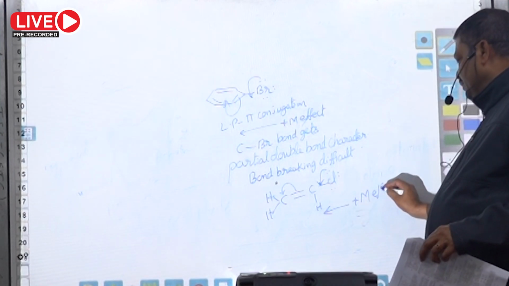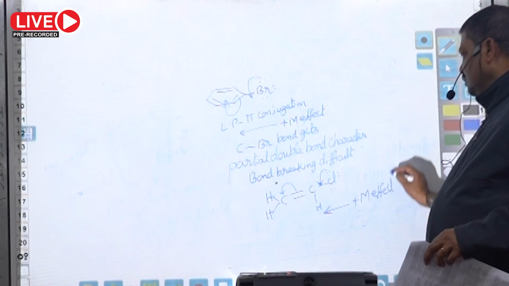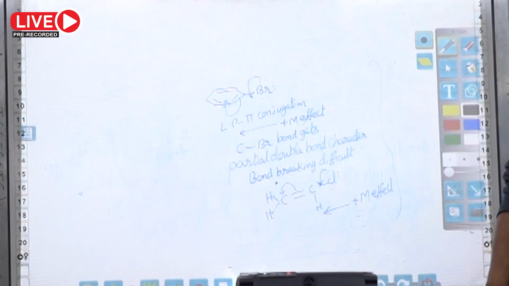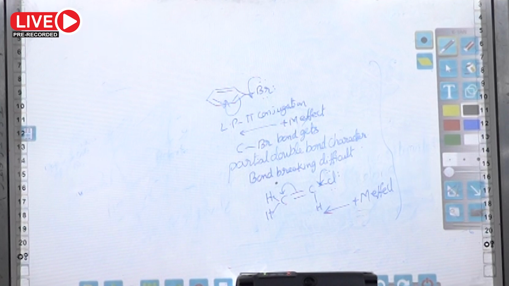So in all these options, chlorobenzene, bromobenzene and chloroethene, there is a common effect called plus M effect.